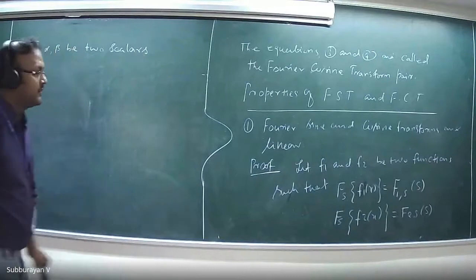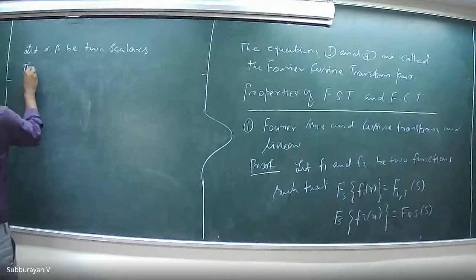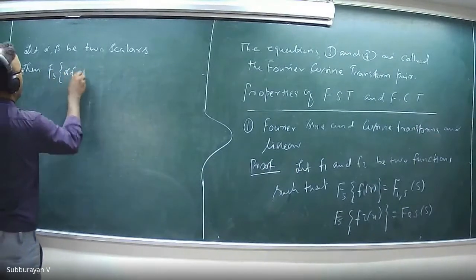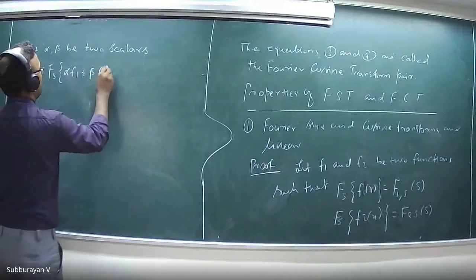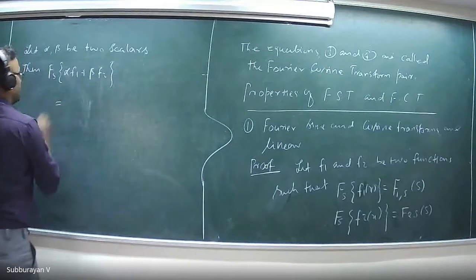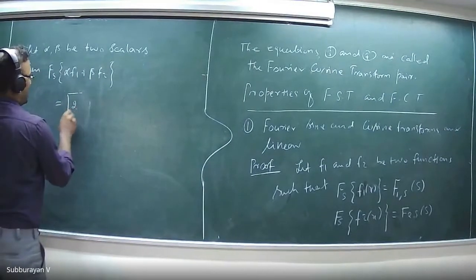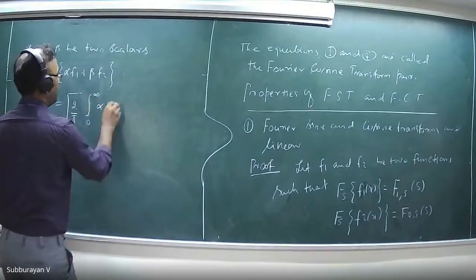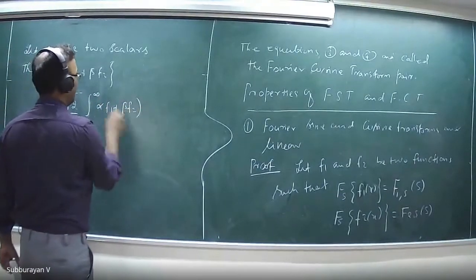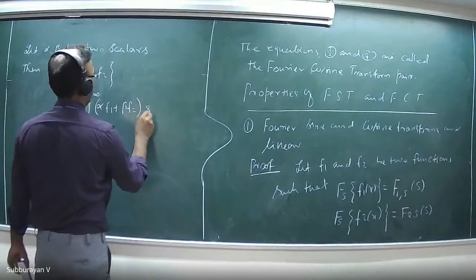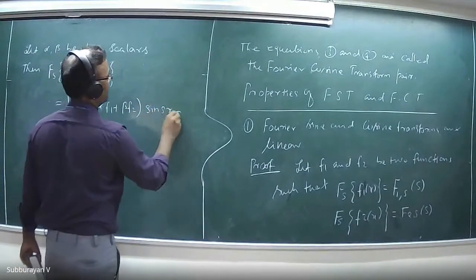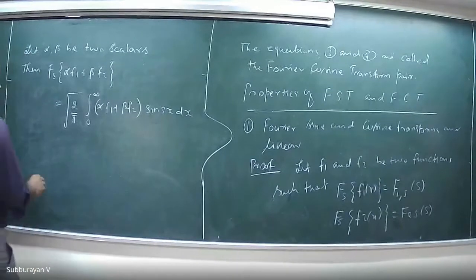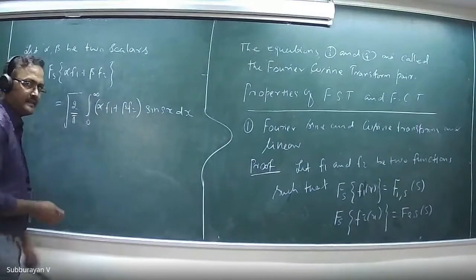Then the Fourier sine transform of alpha f1 plus beta f2 is, by definition, square root of 2 by pi integral 0 to infinity alpha f1 plus beta f2 into sine sx into dx. Now, as we know, integration is linear.